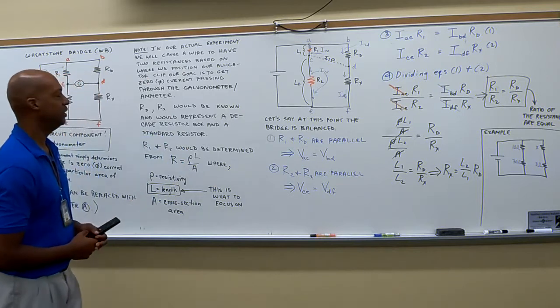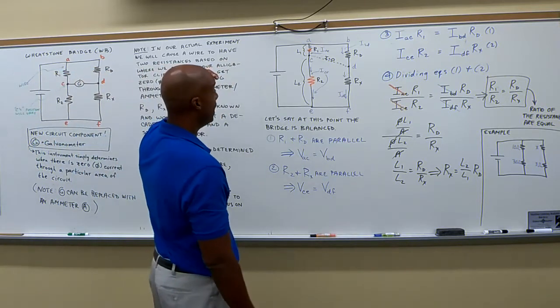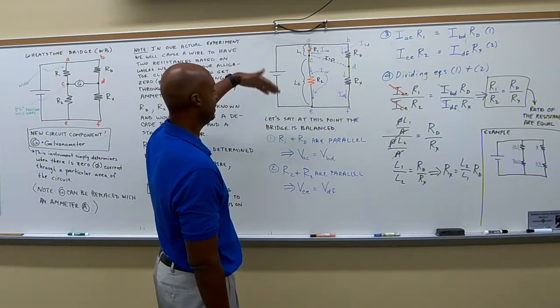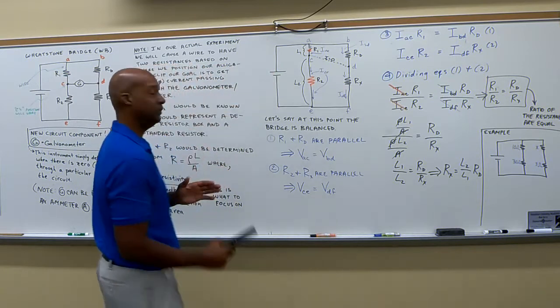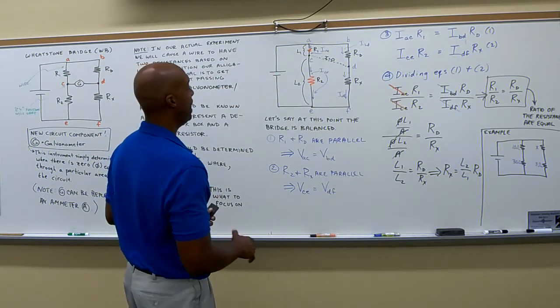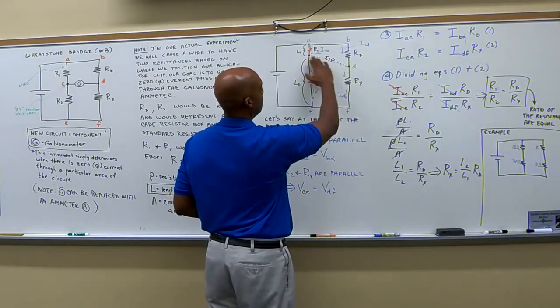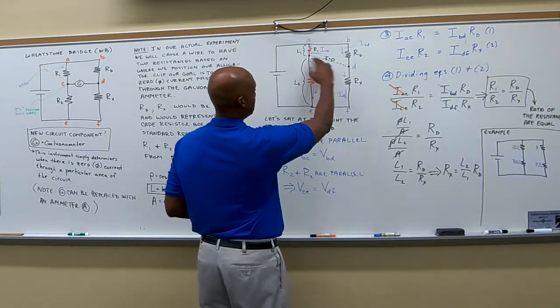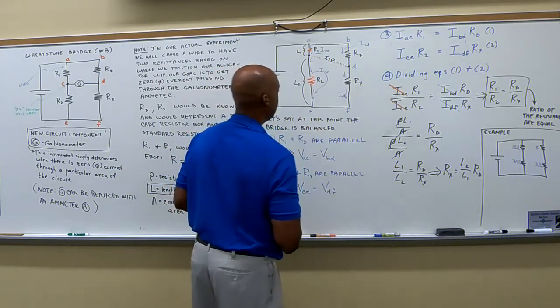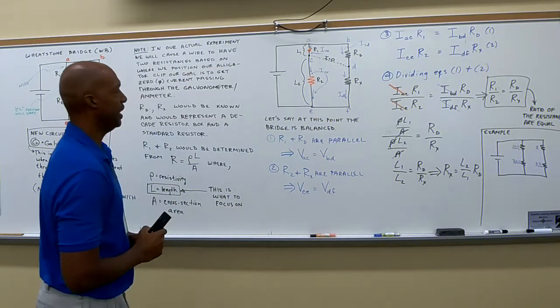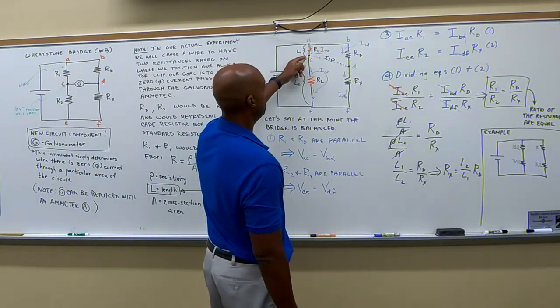Okay, so let's just say that we have this bridge now and it's balanced, which means, again, if the bridge is balanced, that means we have no current going through this wire here. We would set an ammeter or a galvanometer across that. Our alligator clip is here.